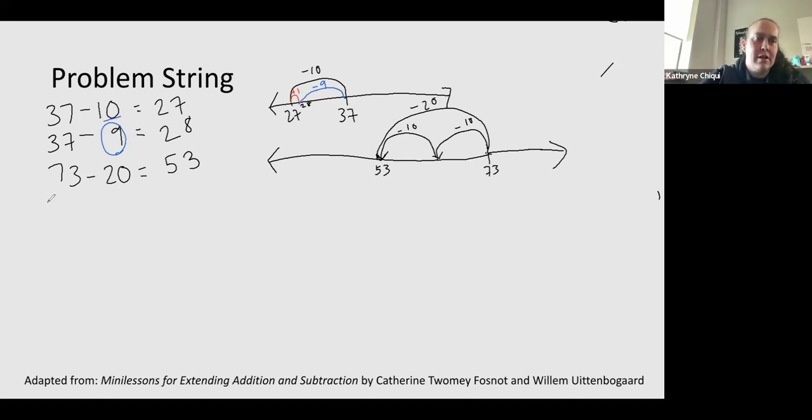Next problem. What about 73 take away 19?